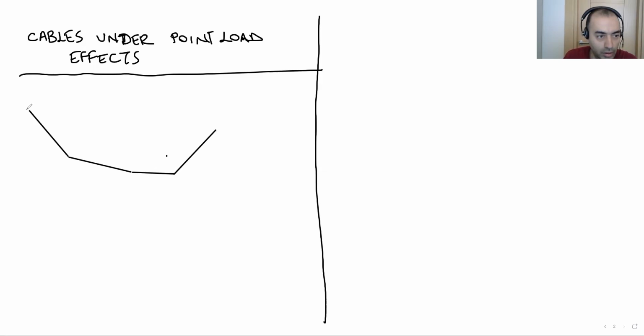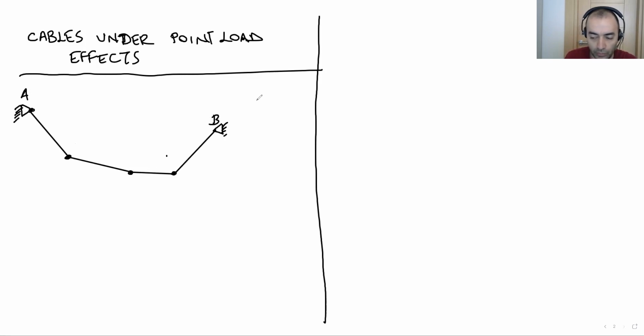Here we have a support at A, and here we have another support. I have one point here, another point here, another point.